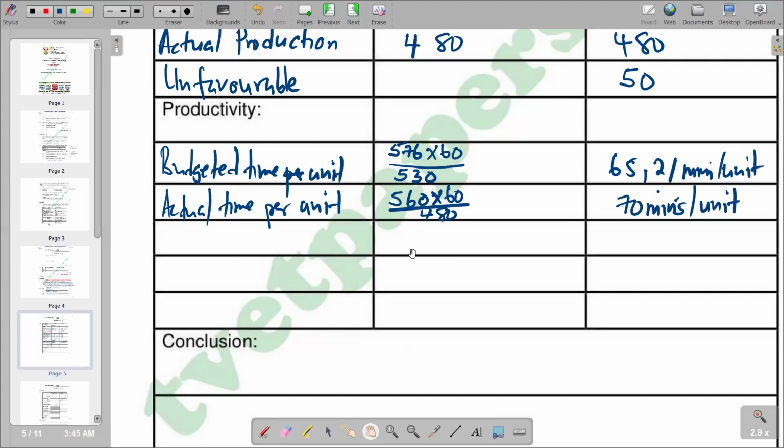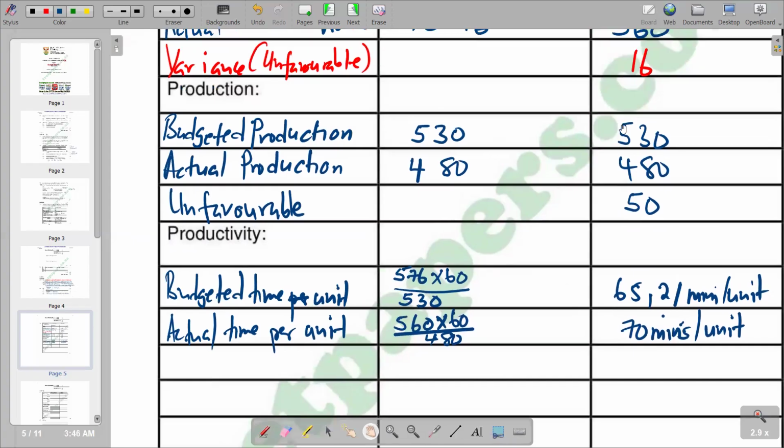If actual time is less than budgeted, it means time spent on each and every unit is less, which represents efficiency. So that's the favorable position. So we can just conclude by saying the employees spent more per unit, as we are seeing that actual is greater than budgeted. So they spend more per unit, and also they produced less.